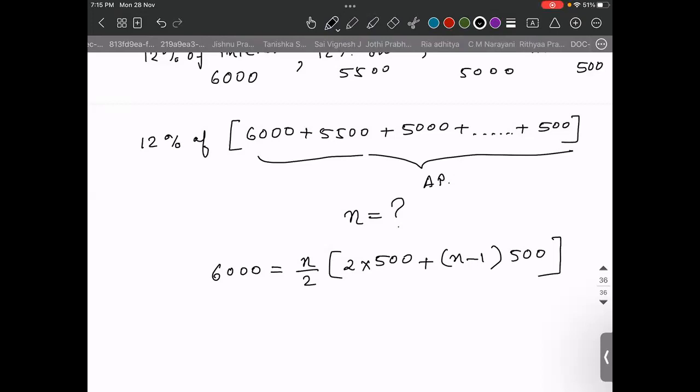His A is 500. So you just need to find the value of it. If you are taking the difference as minus 500, that means here you will take 0. The solution will come to 0. So do that. How much will you get as the value of N?